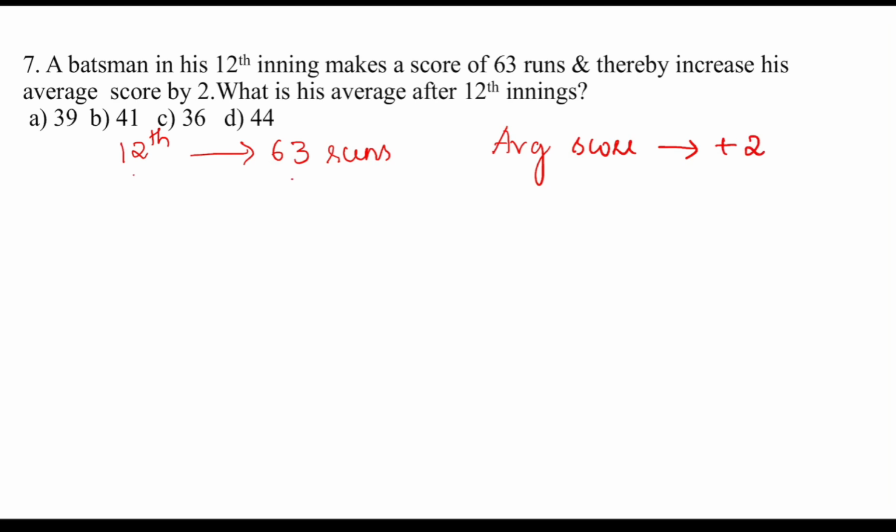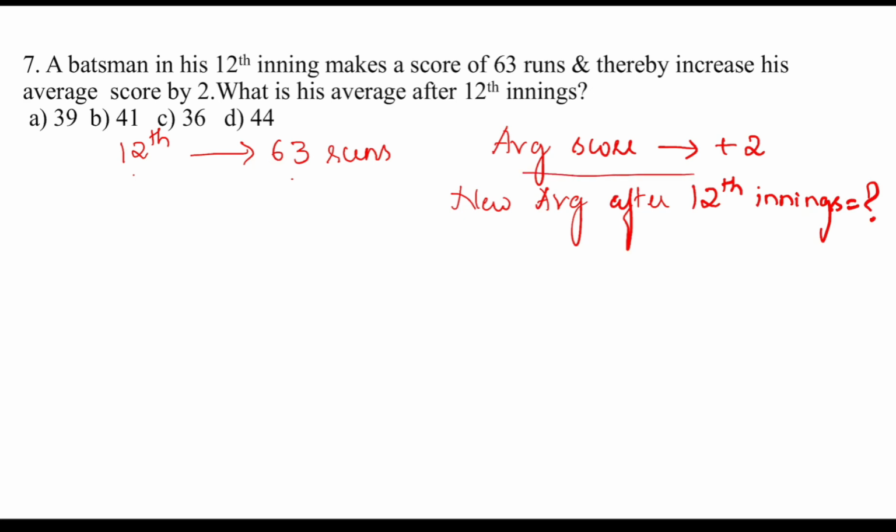So what is his average after the 12th innings? What is his new average? They are asking for the new average after the 12th inning. Now we know that the average is increasing by 2.